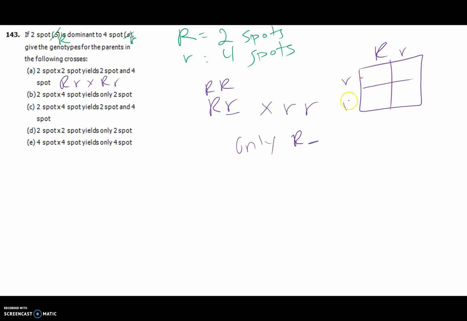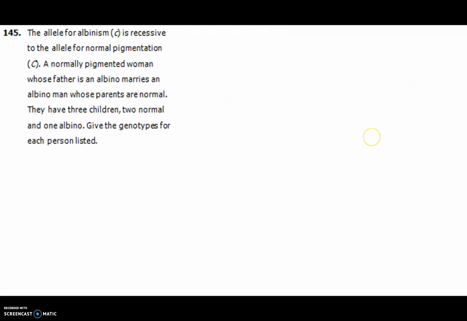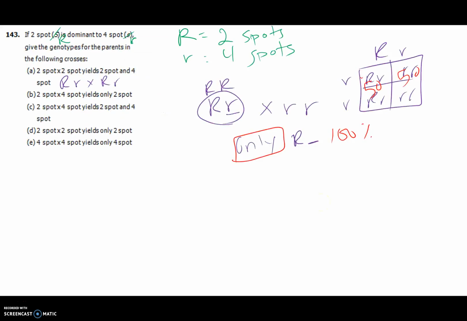At this point, maybe you can do it in your head. If the parent in question was heterozygous, we would expect about a 50-50 outcome. But instead it's saying only, which implies 100% of the offspring are going to have 2 spots. So I'm going to assume that the 2 spot parent is homozygous dominant. So that is that cross.